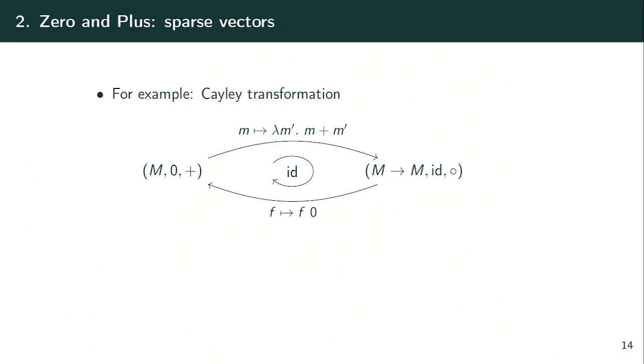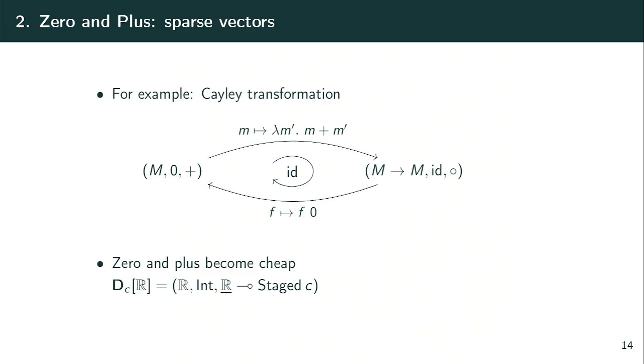And you can go back and you end up in the same place where you started. Why do we do this? Well, because 0 and plus have now become very cheap. Because the identity function is just a value which you can allocate in constant time, and function composition is just the allocation of a closure in constant time, so that's very cheap.